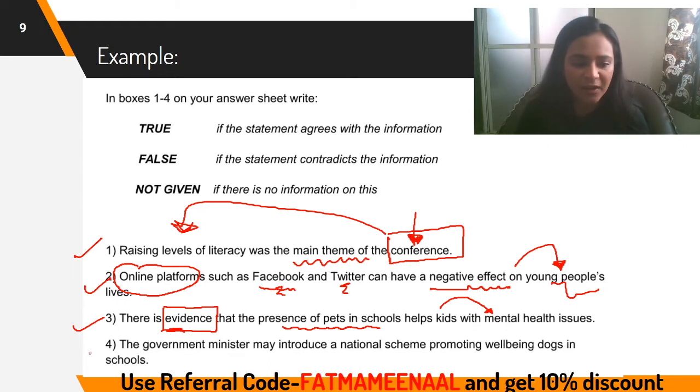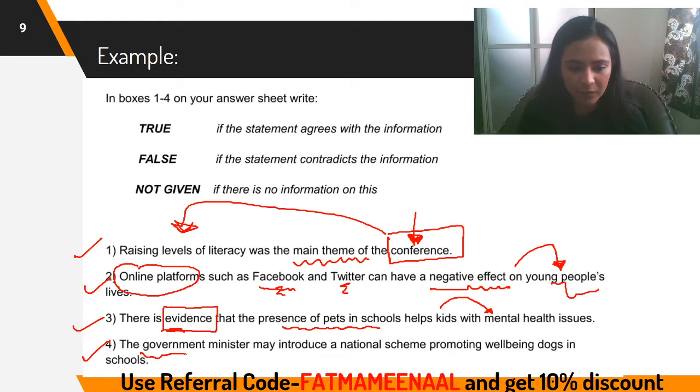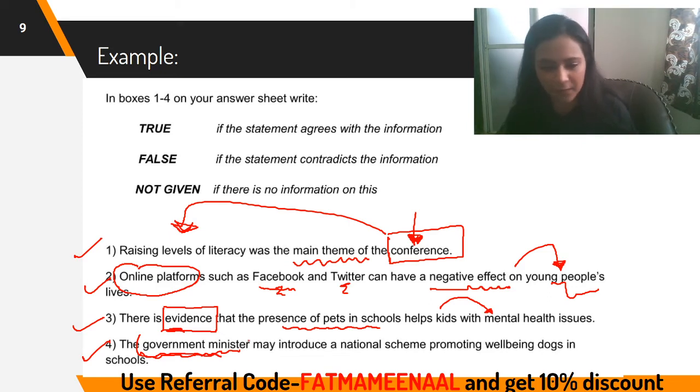Okay. Next one is, the government minister may introduce a national scheme promoting well-being dogs in schools. So I know government minister could be discussed quite differently in terms of paraphrasing.